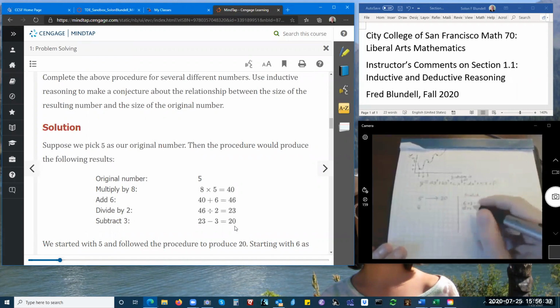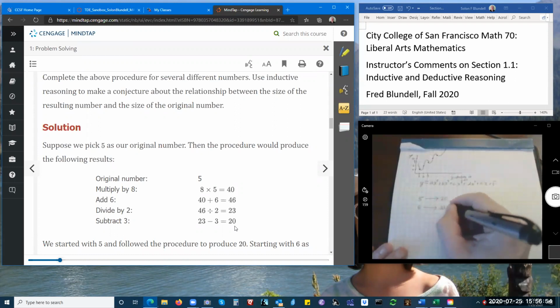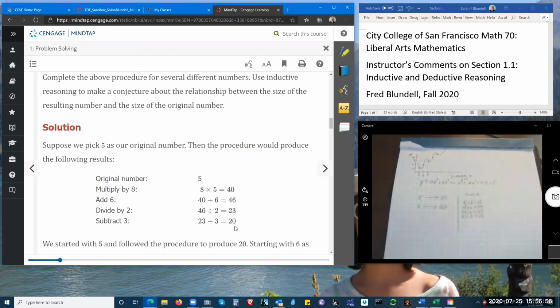And then I divide by 2. I get 27. And then I subtract 3. I get 24. So 6 turned into 24.